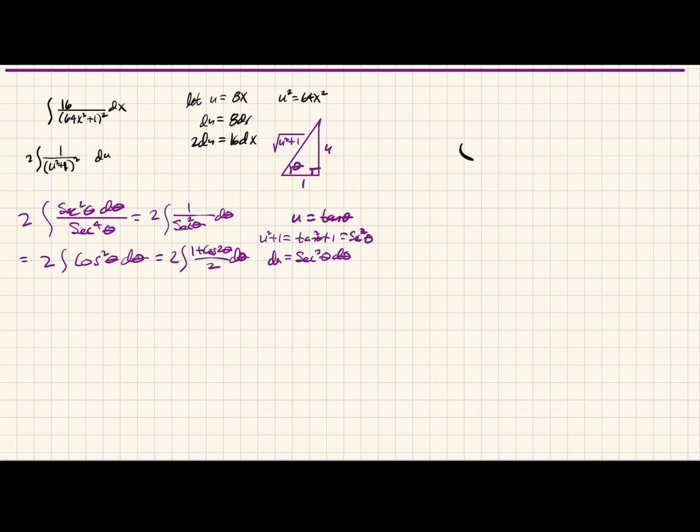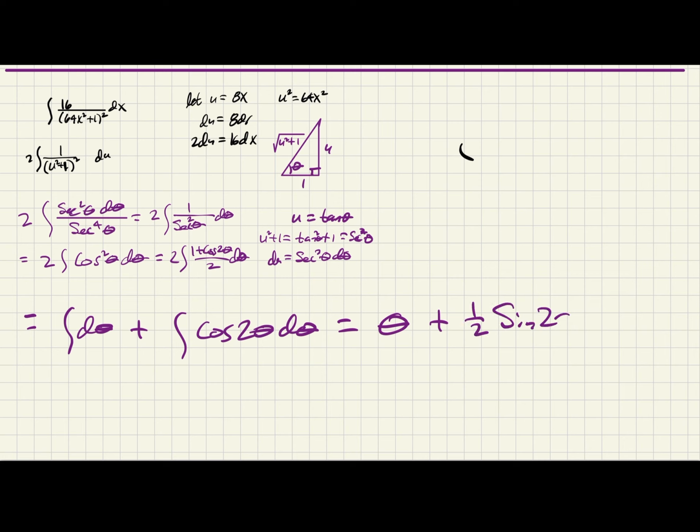So now, I'm going to make 2 integrals out of it. I've got integral d theta plus integral cosine 2 theta d theta. So I've got theta plus 1/2 sine 2 theta plus c.